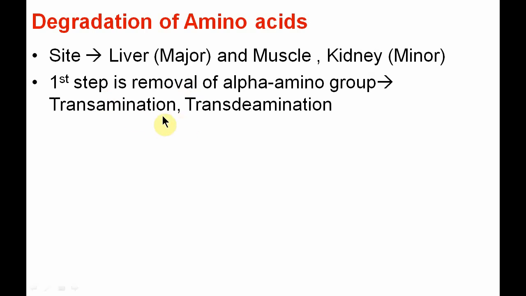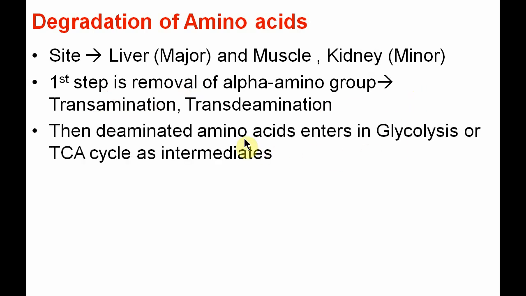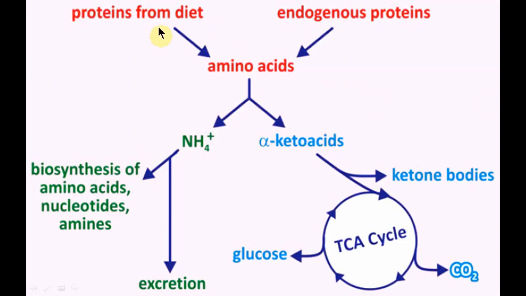You can also go through the video on the transamination and transdeamination reactions. Then the deaminated amino acids enter or converge into glycolysis or the TCA cycle as intermediates. So this we have already seen.